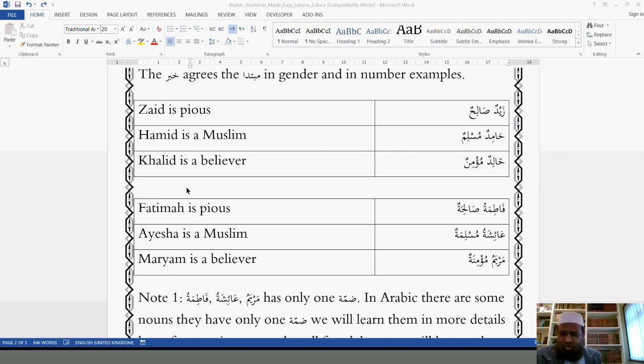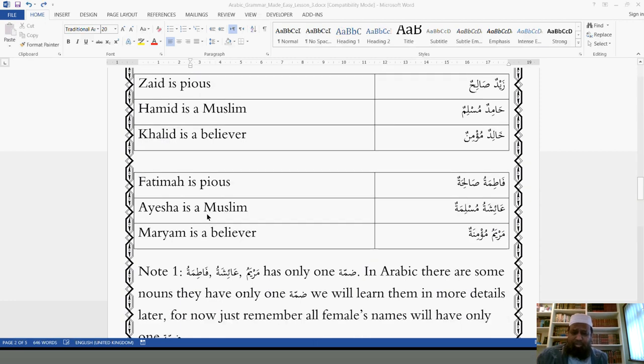All the previous words we saw had two dhammas. Hamidun, two dhammas. Khalidun, dhammatain. But over here, Fatimatu, one dhamma. Aishatu, one dhamma. Maryamu, one dhamma. In Arabic, there are some nouns that have only one dhamma. We will learn them in more detail later.